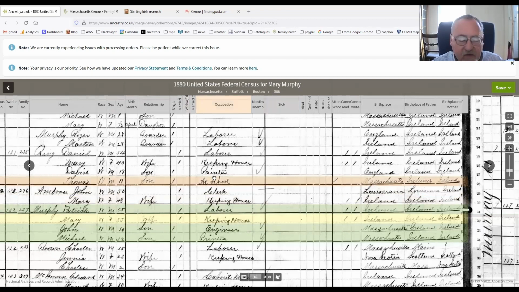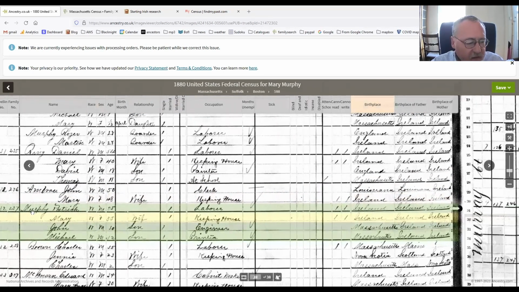Again, these are ages to be taken with a pinch of salt. They were both born in Ireland. There you are. Their parents were born in Ireland. John and Michael were both born in Massachusetts, an engineer and a printer. So the likelihood is that Patrick and Mary emigrated separately, married in Massachusetts, and then had John and Michael.